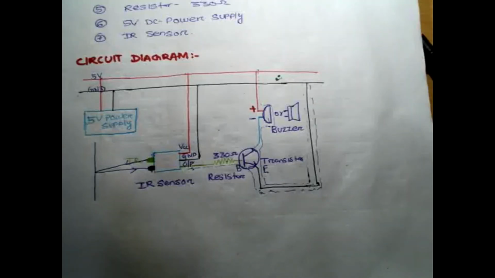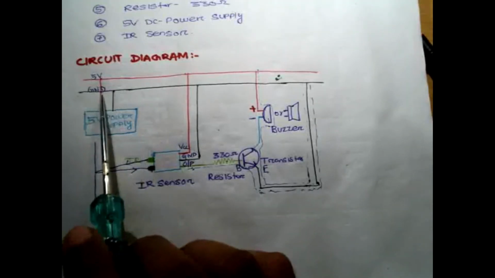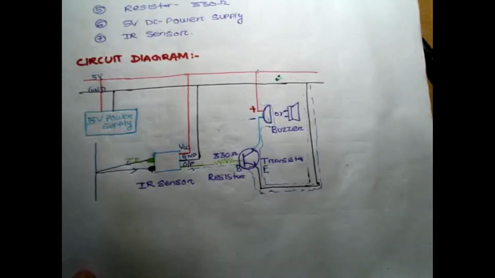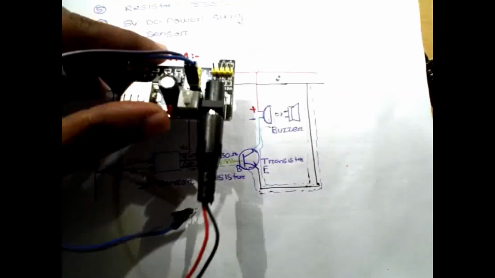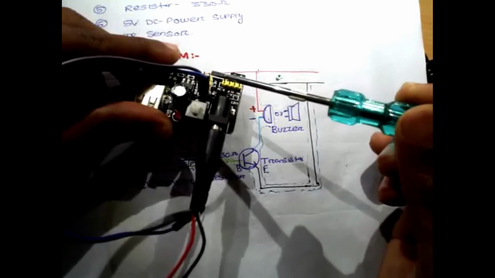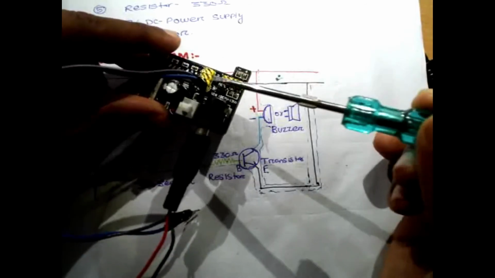You can see this is my circuit diagram. I am fetching a 5 volt power supply from this power supply unit that I have already discussed, from these 2 points. These 2 are 3.3 volt, but these 2 are 5 volt.